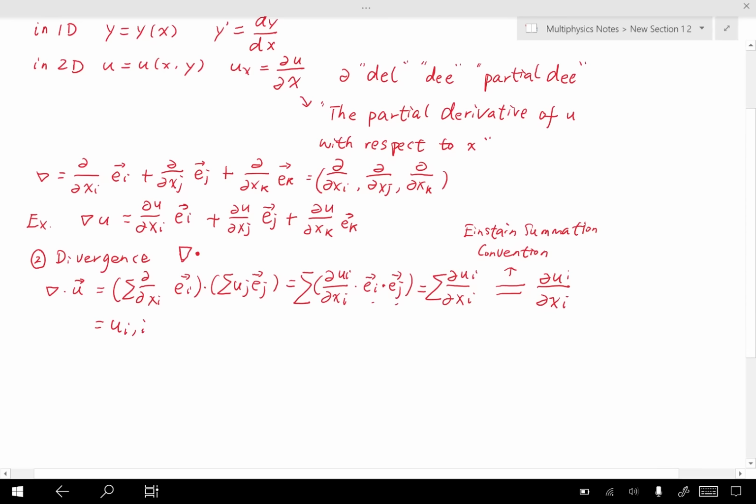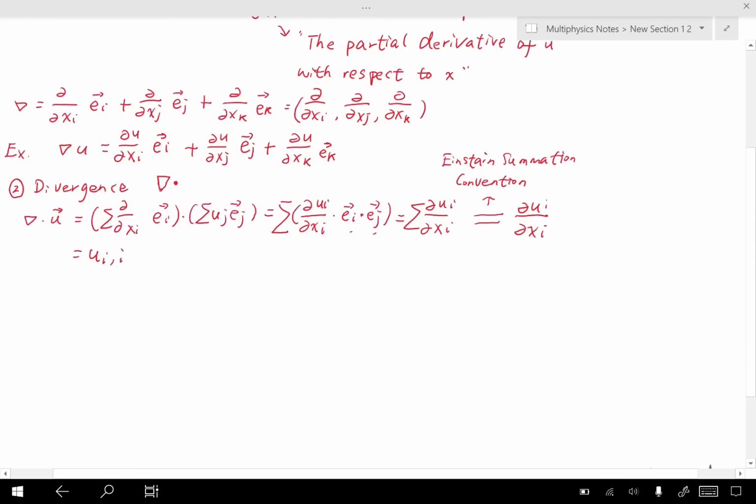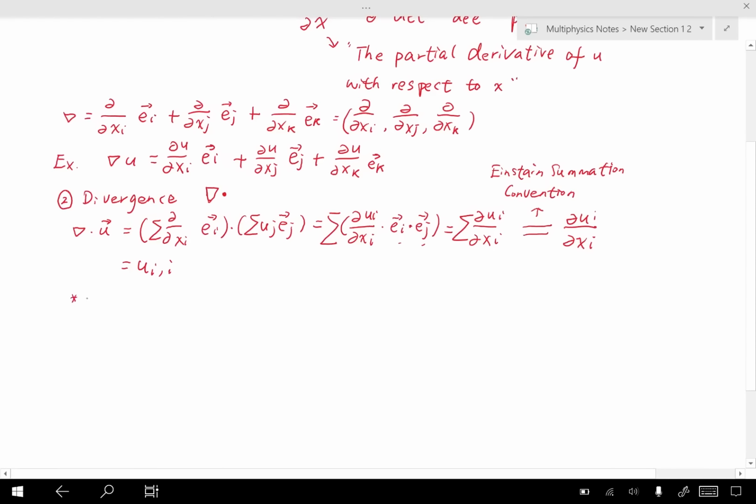And the meaning of divergence is a source. For this divergence of u, let's take a look at one point. We assume that for one point, if we zoom in, we have a field called u.